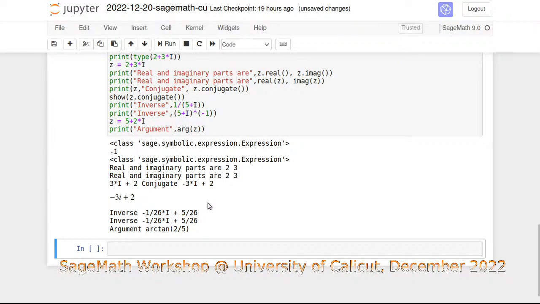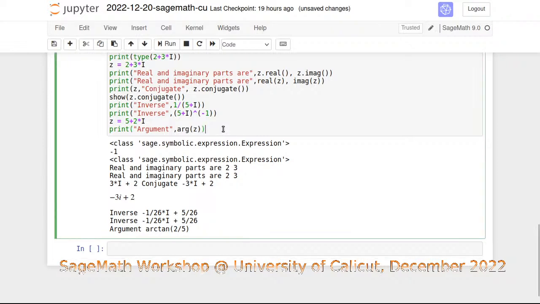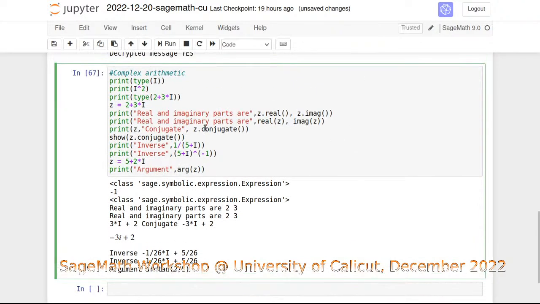Tan inverse 2 by 5. Let me update the Google document with the comments so far.